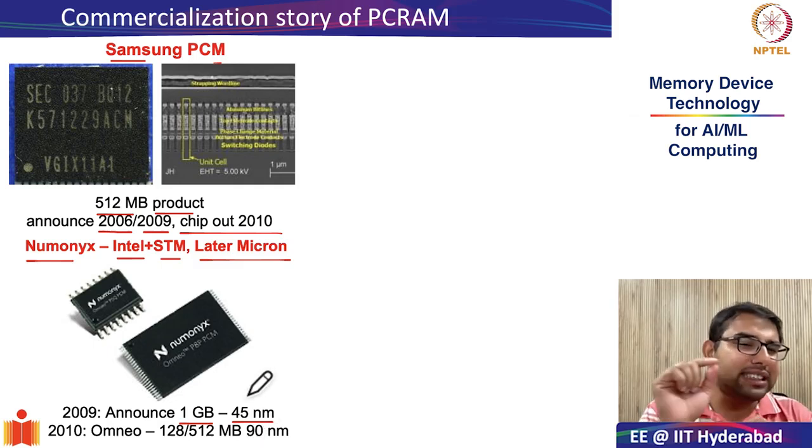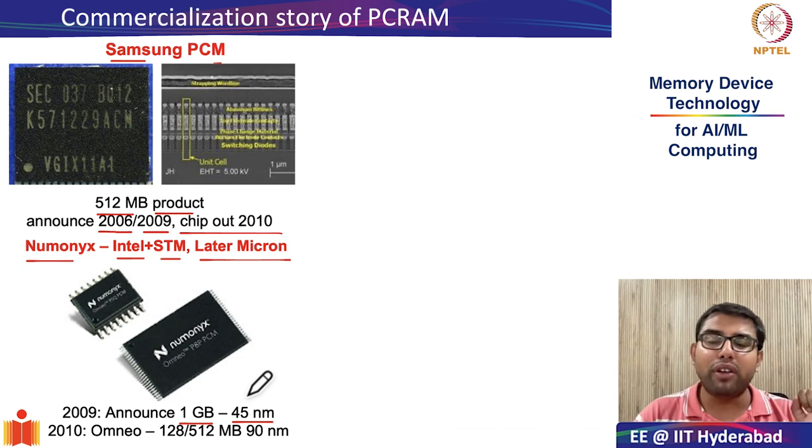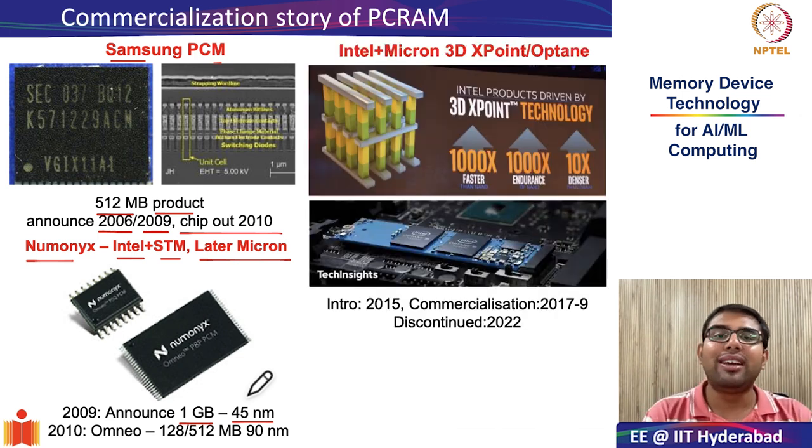So all of this is indicating one thing: maybe when you start integrating PC RAMs in large scale chips, the device yield that you get is not as good, or maybe the cost is not very favorable. But the starkest story comes from the joint collaboration between Intel and Micron.